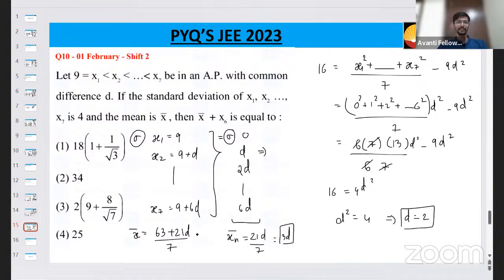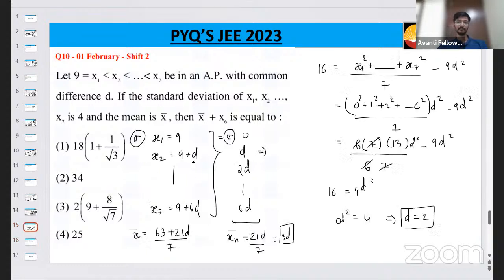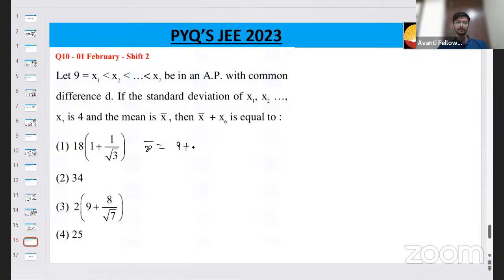So the original mean x bar will be equals to 9 plus 3d, which is equals to 9 plus 6, which is equals to 15.